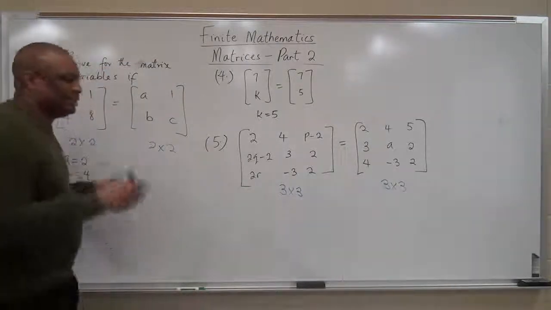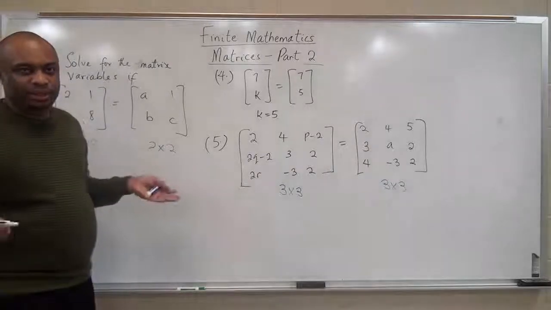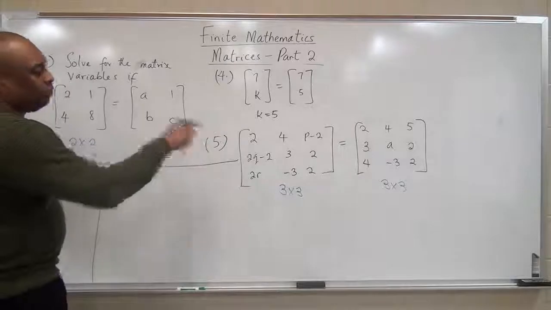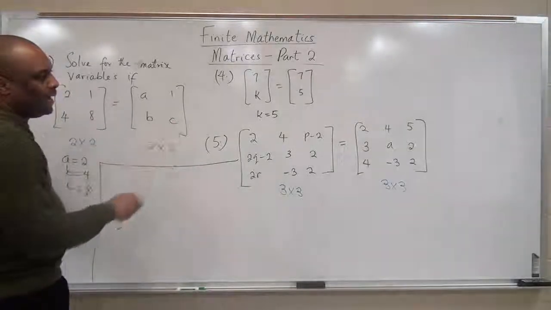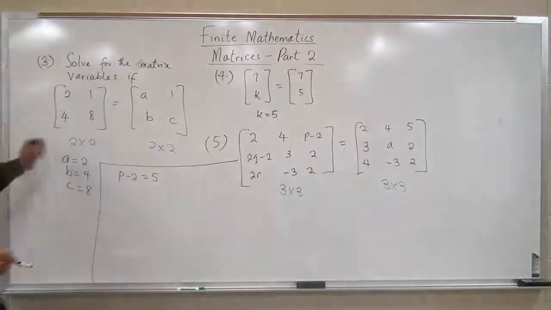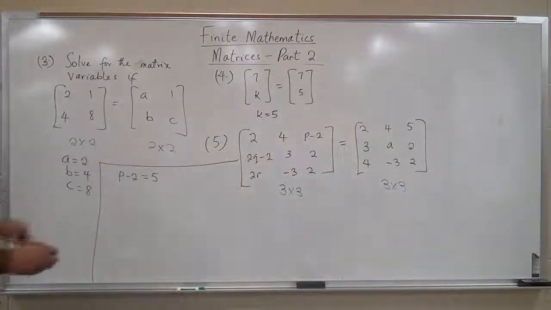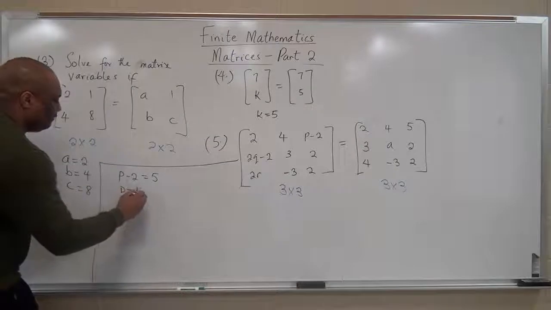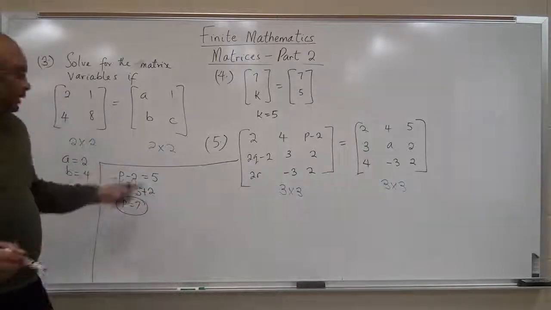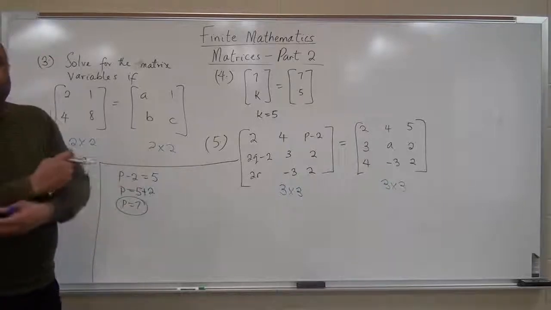This is just a linear equation that you've done before. So when we compare, we have that P minus 2 is equal to 5. So P is equal to what? 5 plus 2, P is equal to 7. Now, if you don't understand it, view my video on linear equations.